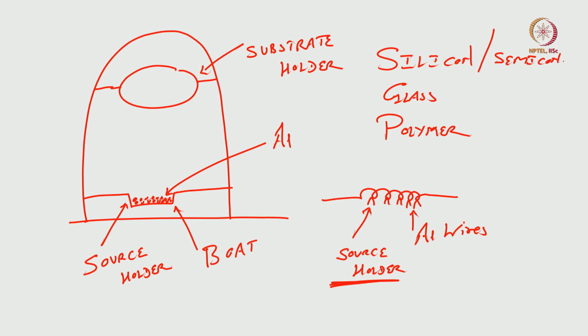Polymers you can say are plastics. So you can use several different materials as a base material that we call a substrate.